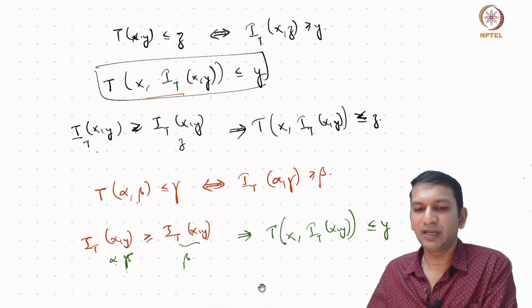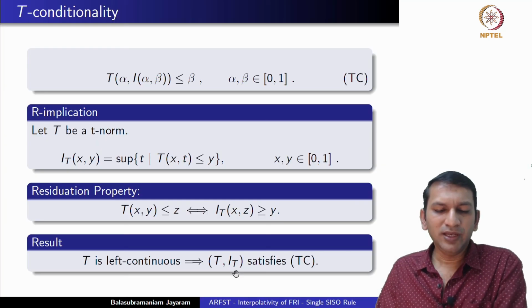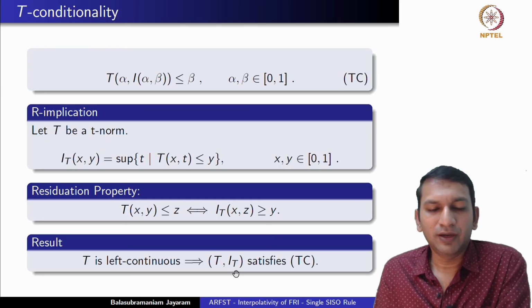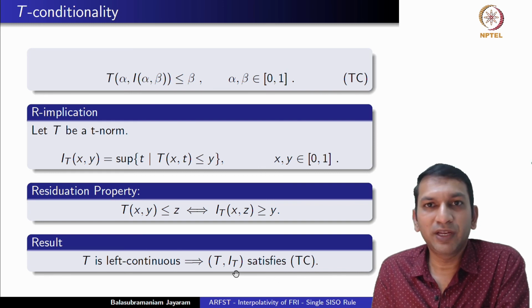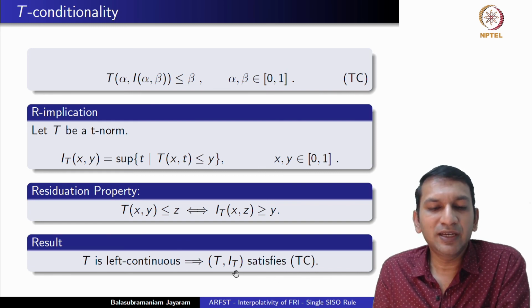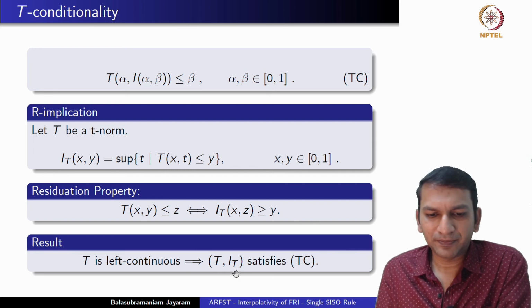And this is the T-conditionality that we wanted. So clearly, for this family of implications, R-implications obtained from a left continuous T-norm, we see that the corresponding T and the residual do satisfy T-conditionality.